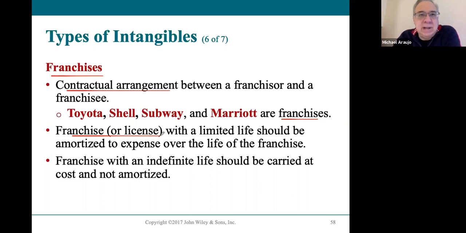But in the meantime, you've entered into a contract with the right to use the names, the advertising, the brands, and run it as a business, but it's not your own business. It's a business that's already been created and sold to you to run as a franchise.